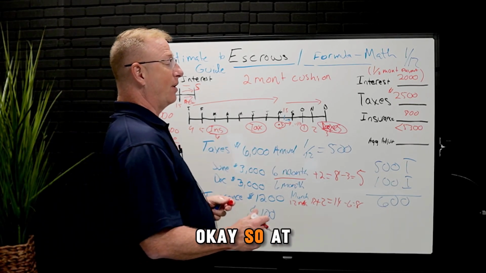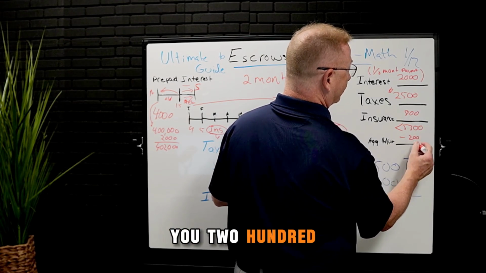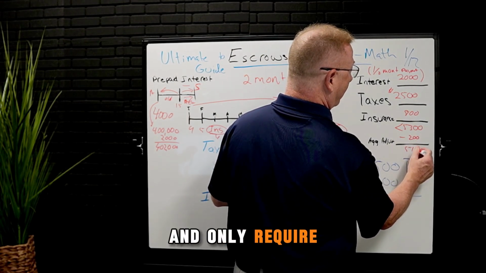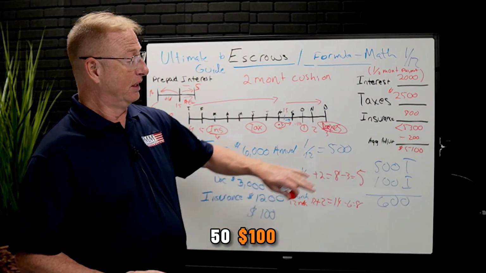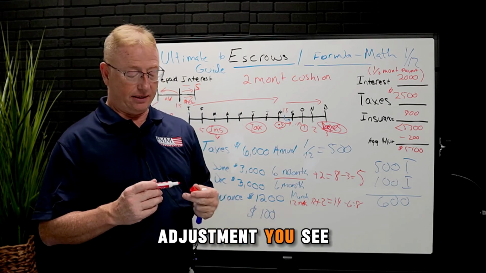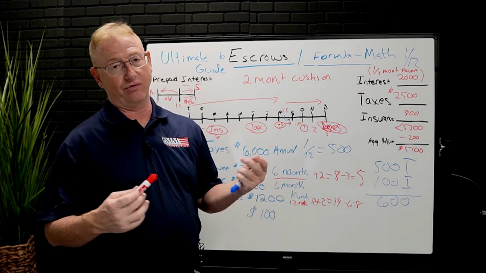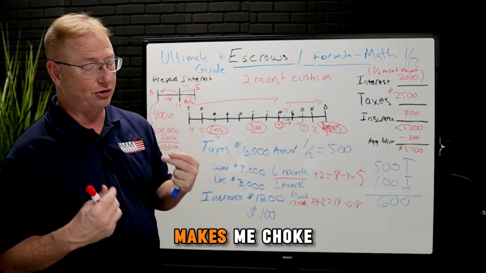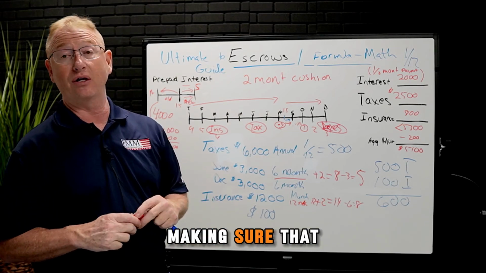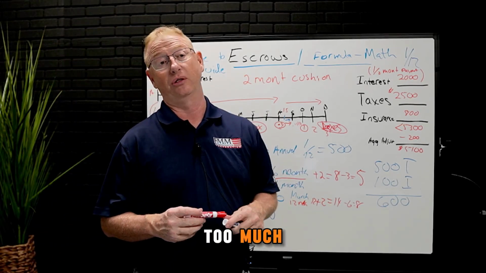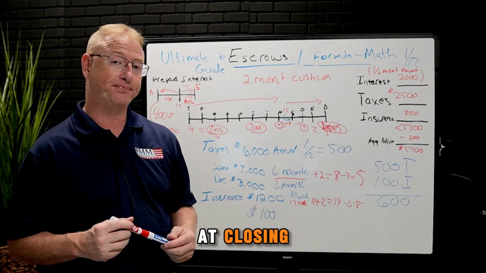Okay? So at closing, they would give you $200 off of that and only require you to bring $5,100. So this aggregate adjustment you see is the government protecting you. Hard to say that, right? It makes me choke. But in general, it is the government protecting you, making sure that you don't collect too much money in your escrow account at closing.